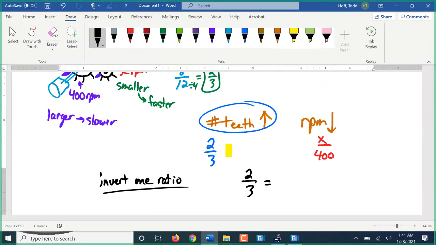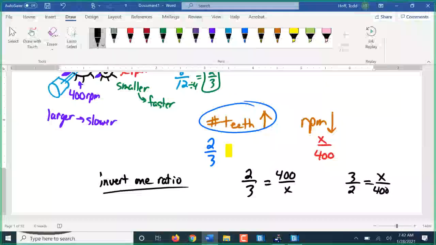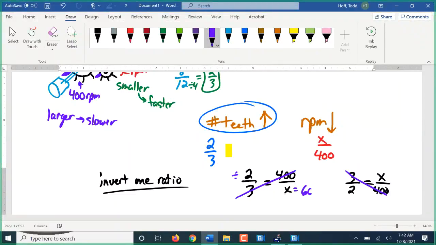If we keep the gear ratio as 2 to 3, the ratio of RPMs gets inverted to be 400 over X. Or we could keep the ratio of RPMs as X over 400, then we would have to invert the gear ratio as 3 over 2. Either way, when we go to solve this, we cross multiply. It'll be 3 times 400 either way, and then divided by 2. We get that X is going to be 600 RPM.